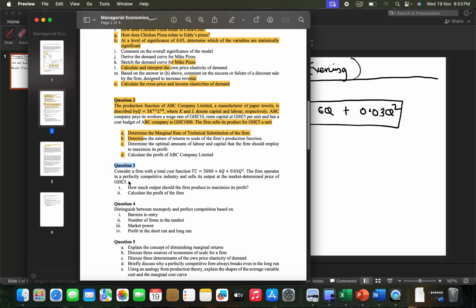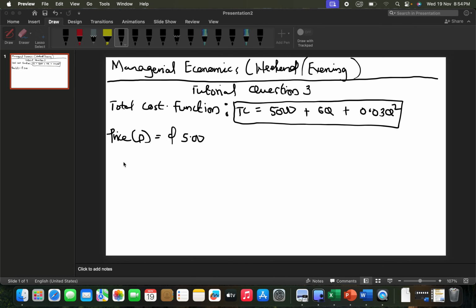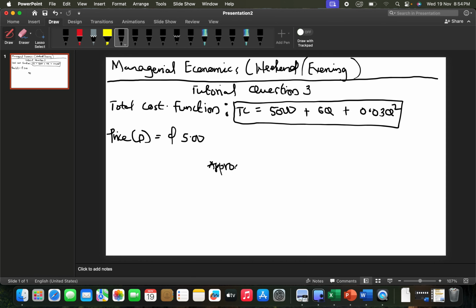So with the I part of the question, how much output should a firm produce to maximize its profits? Now, you know that under this topic, we have two approaches you can use. The first one is using the first order, second order condition, or you adapt the concept of marginal revenue is equal to marginal cost.